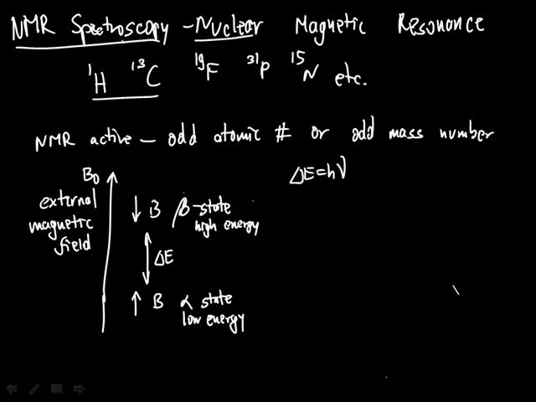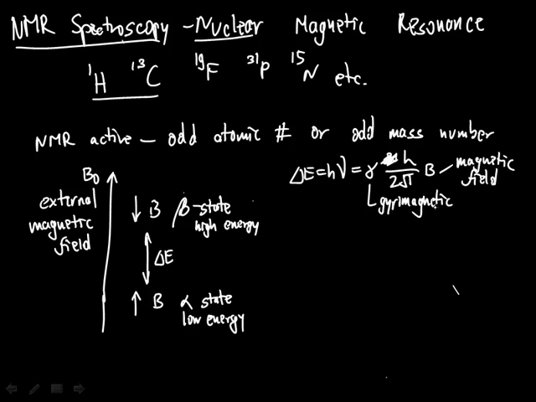However, this frequency or this energy also correlates with the strength of the magnetic field through this equation, where B is the magnetic field that the nucleus is exposed to. Gamma stands for the gyromagnetic ratio, which is a constant, but it varies with the nucleus.